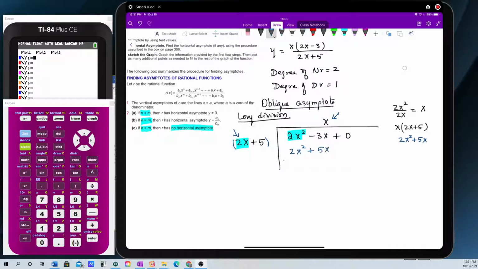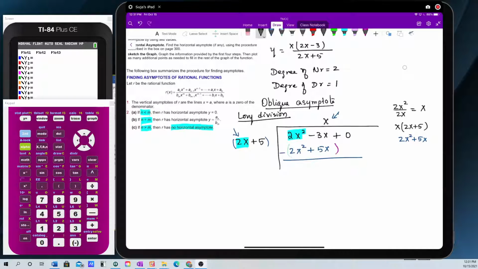Now you need to subtract the entire quantity there. So the 2x squared cancels. Negative 3x minus 5x is negative 8x. Then bring down the 0. Now repeat the same process. The negative 8x and the 2x: what needs to be multiplied to find that?